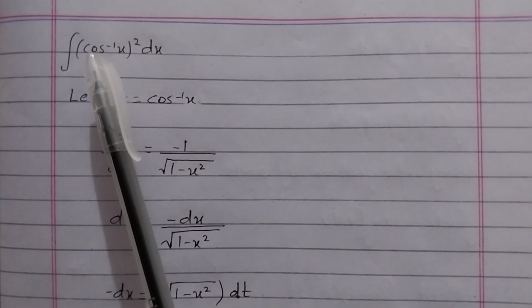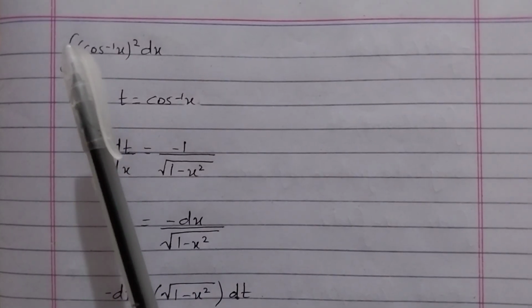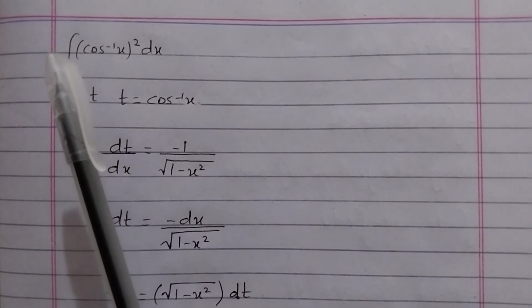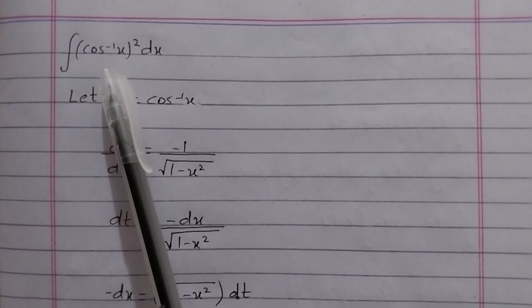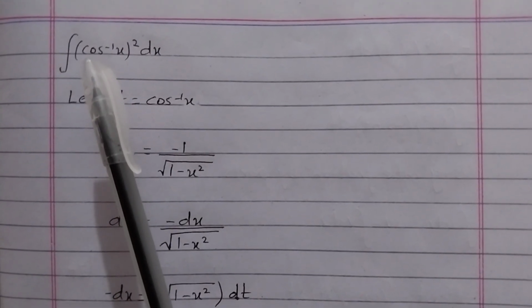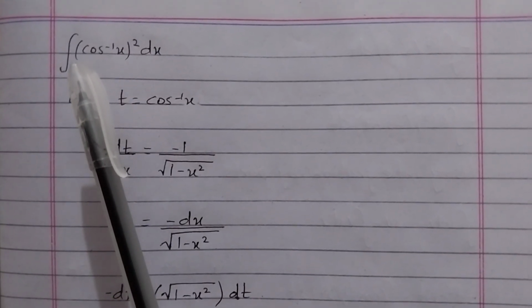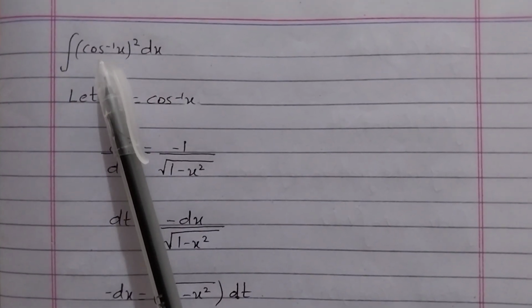So what do we do when we have a power of something which is problematic or difficult, like square of cos inverse of x? In that kind of situation, we use substitution, normal substitution, not trigonometric substitution. And here we will substitute for cos inverse of x.